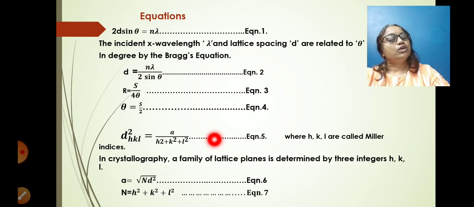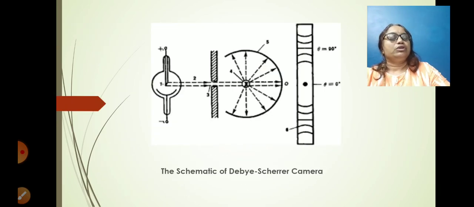In crystallography, a family of lattice planes is determined by hkl, the Miller indices, and a is equal to the square root of N into d square, where capital N is h square plus k square plus l square. These are the equations used here.